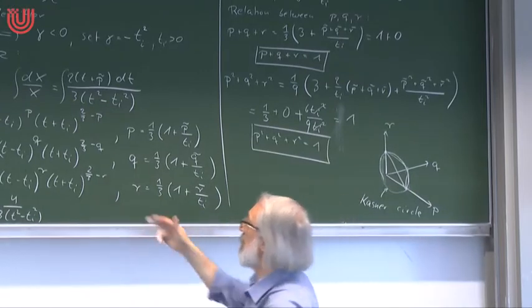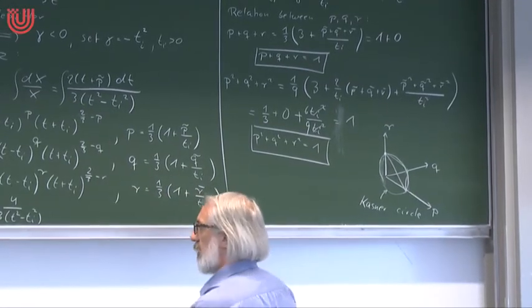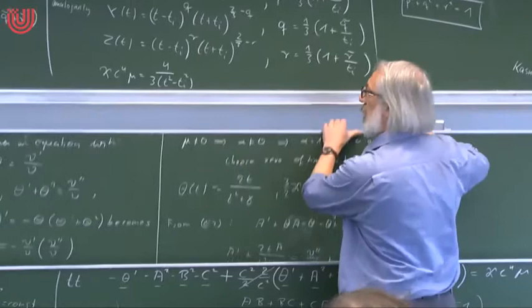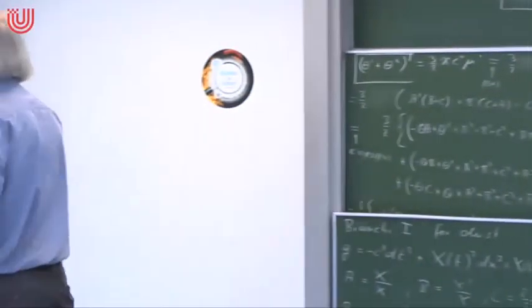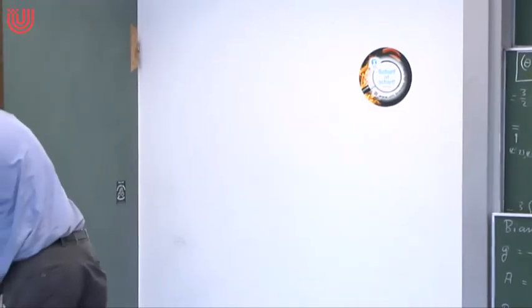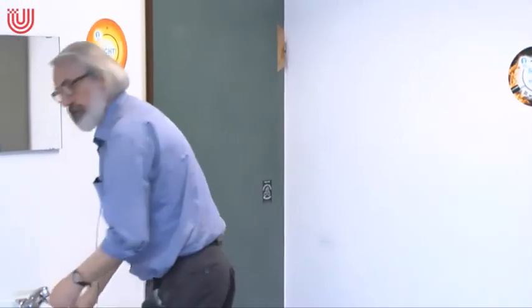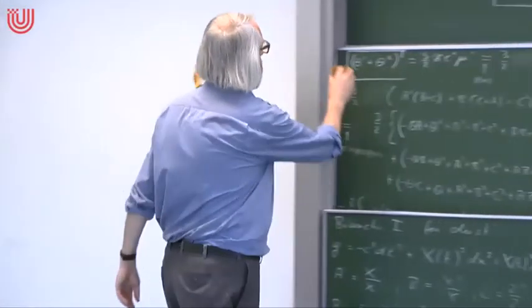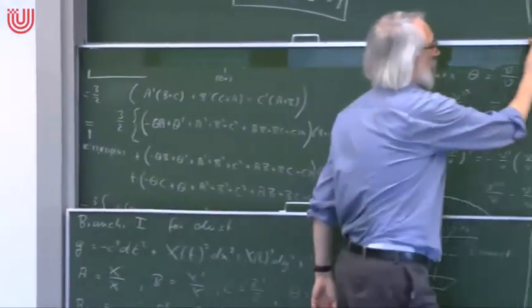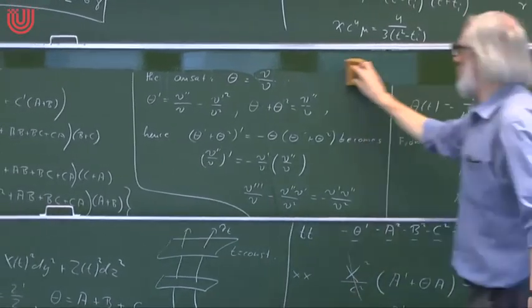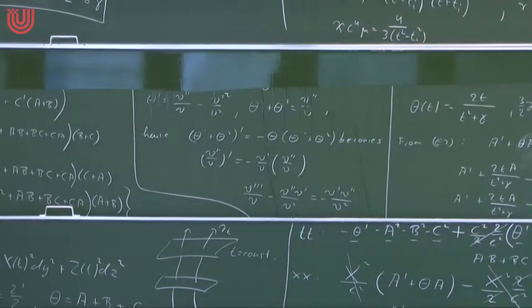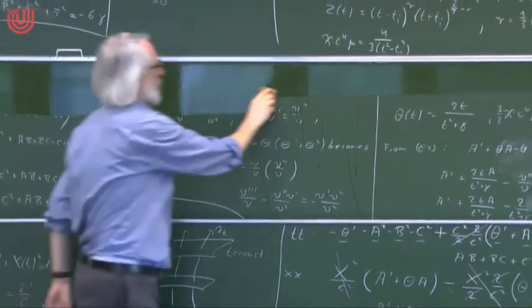And we can then discuss the behavior of these three coefficients. And actually that's one of the reasons why I did the vacuum case first, because these results can be used now that we have found them last time. So we have the four cases to discuss, to find out what are the possible signs of P, Q, and R.